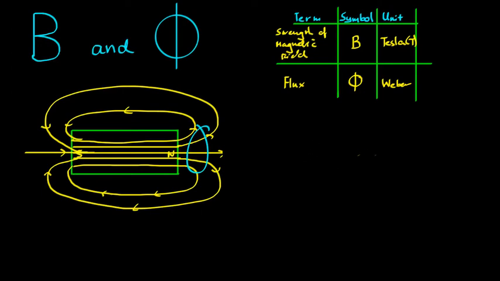So if I have a uniform magnetic field, that's much easier. We'll say here, going or coming out of the page. And then I've got an area here.